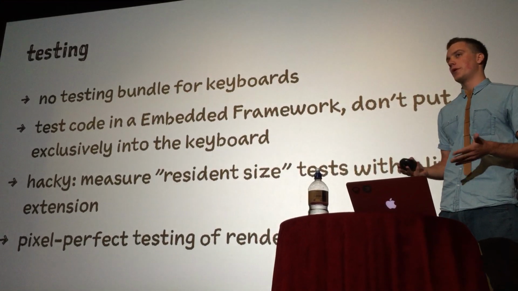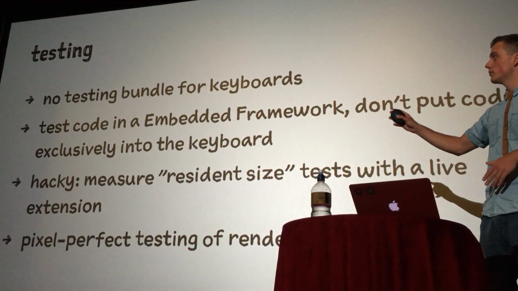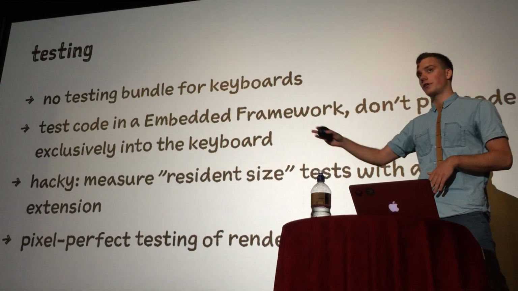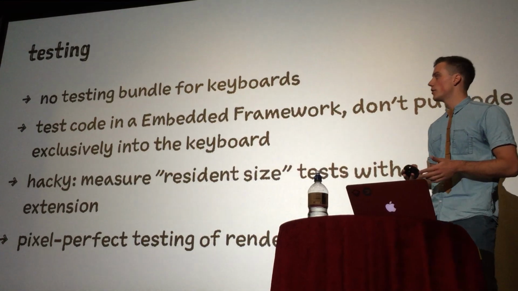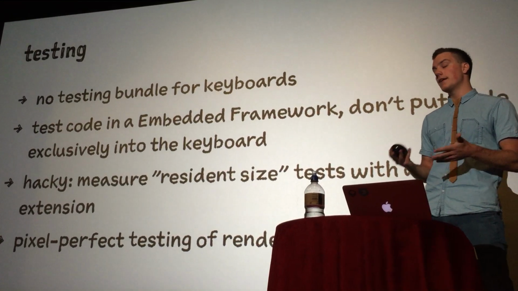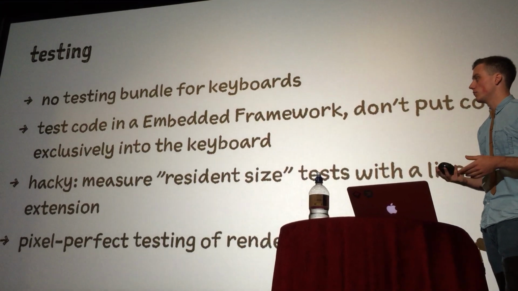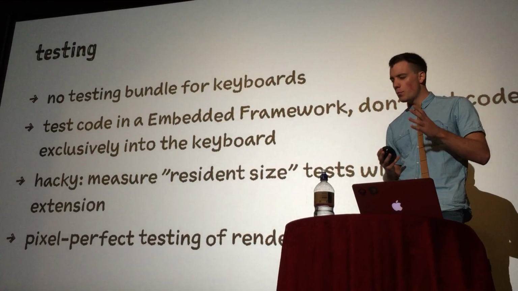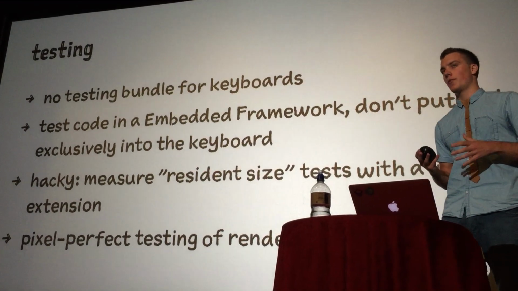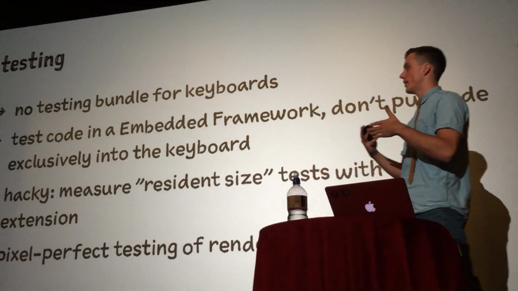So the way to do it with all extensions is to put all your code into an embedded framework that you embed in both your container app and your keyboard. Then you can write tests against your container app and make sure that all the logic is working. However, there are still some small weirdnesses that only happen while the code is running in the keyboard itself in an extension.